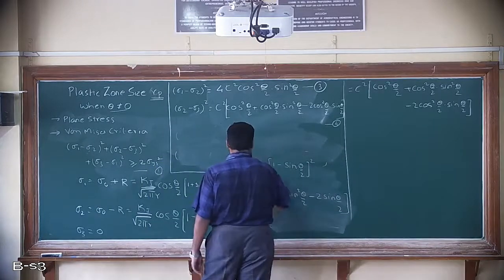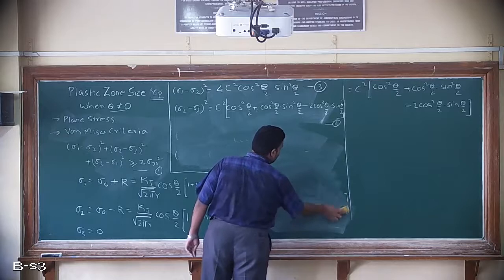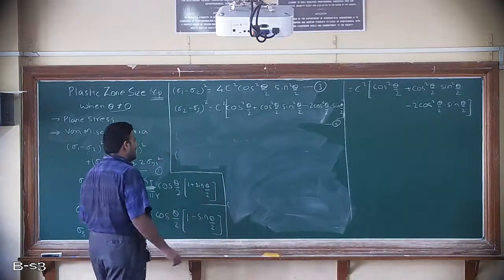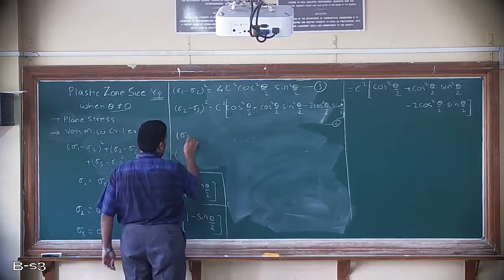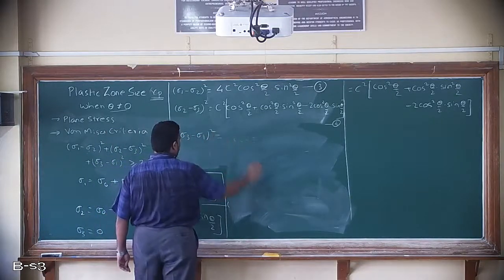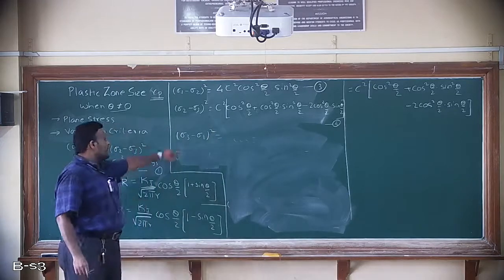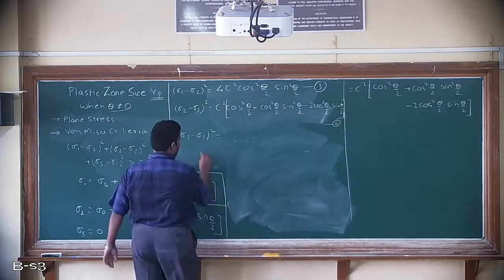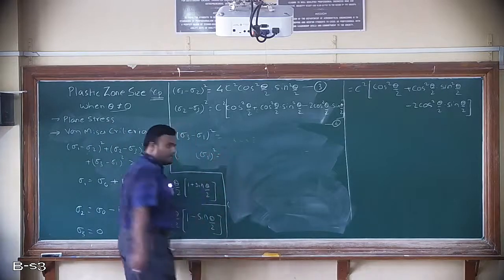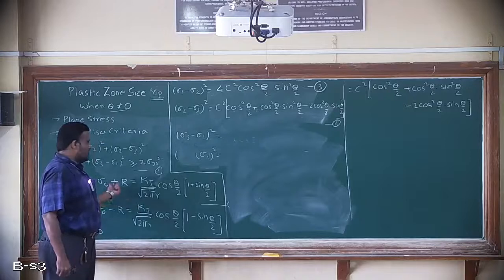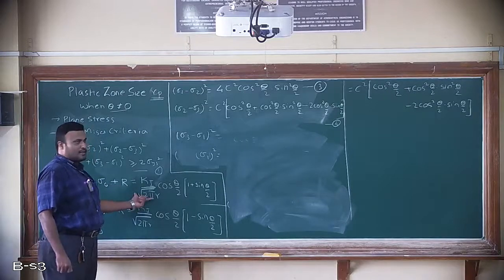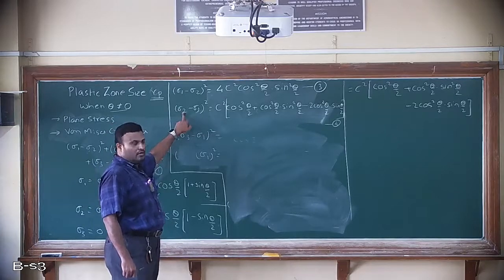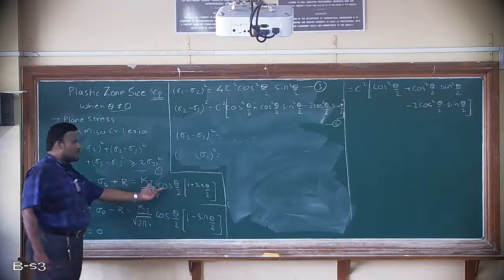Now what will be (σ3 − σ1)²? If you take σ3 as 0, what will this equation become? This can be written as σ1 squared, right? So what is σ1? So this is σ1, squared. In the previous one it was σ2 squared because σ3 was 0. Now what will be the square of this?